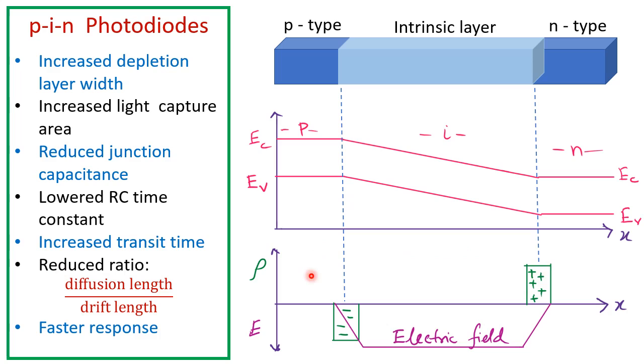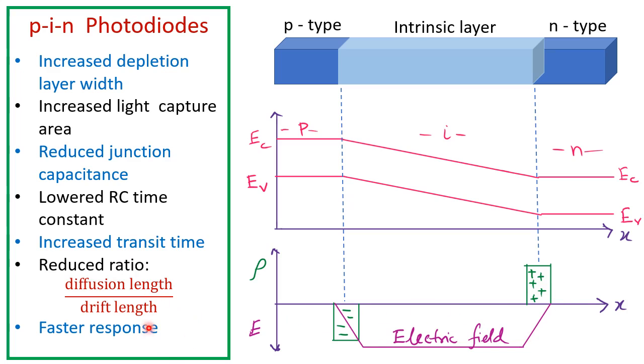Because the region within which the electron hole pairs are generated is going to largely lie within the intrinsic layer, and hence the drift is going to be dominant in comparison to diffusion. So the ratio of my average drift length to the diffusion length is actually going to reduce because the diffusion is going to decrease in comparison to drift.